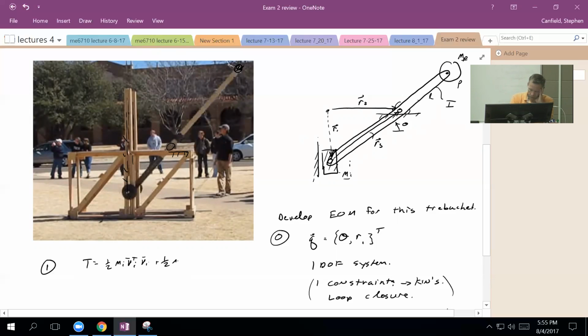Plus 1/2 M sub P, v sub P transpose v sub P, where v sub P is the velocity at this point. And then finally 1/2 omega, which is going to be theta dot around the z direction. Maybe I'll assume this is my n1 and n2. That would put n3 coming out of the board. So I'll say it's about the n3 direction, times I omega.